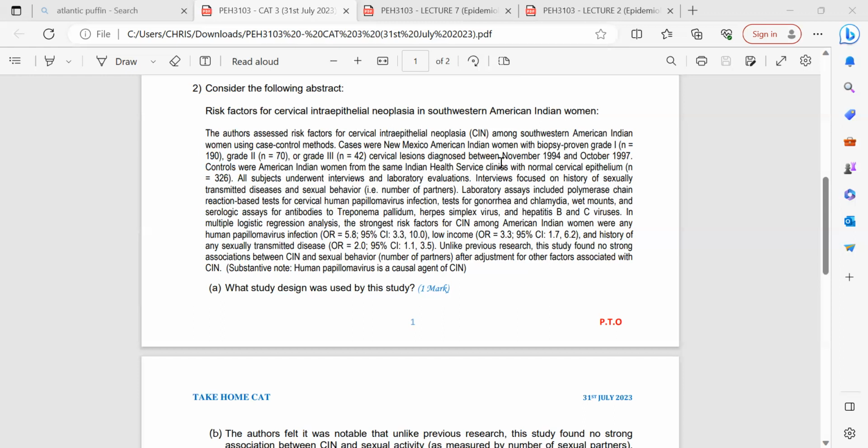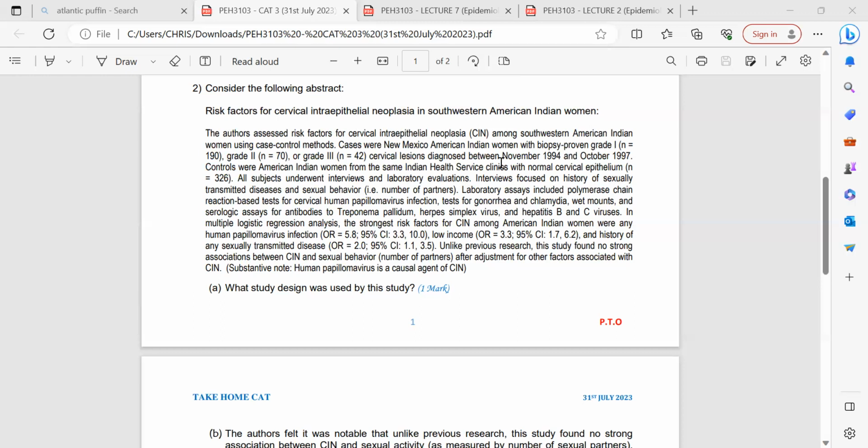Controls were American Indian women from the same Indian Health Service clinics with normal cervical epithelium. They were 326. All subjects underwent interviews and laboratory evaluation. Interviews focused on history of STIs and sexual behavior, that is, the number of partners.